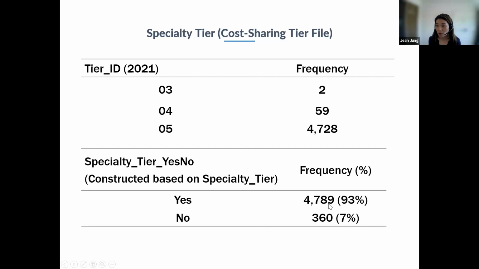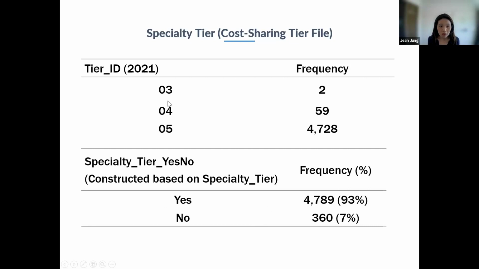Not many plans had a specialty tier, but really starting with Sovaldi, that opened up a new era, a new age for these high cost drugs. Around 2013 and 2014, a lot of biologics and new drugs came up with a really high price tag. And now the use of specialty tiers is the norm in Part D.